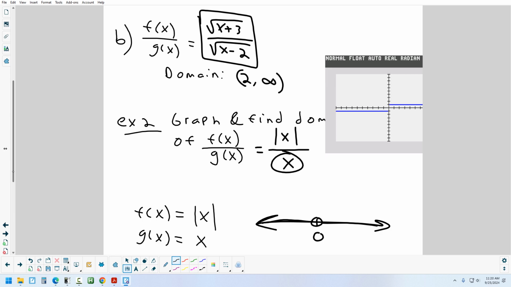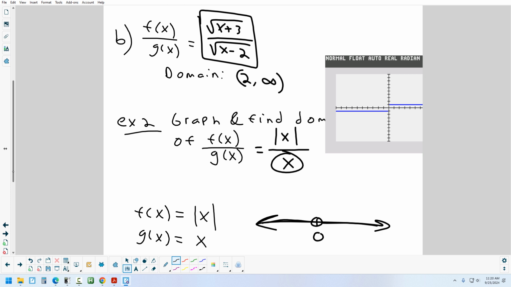Yeah, -1 and 1. Right, because no matter what you plug in for x, like try plugging in 5 here. What's the absolute value of 5 divided by 5? 1. Any positive number that you plug in for x always comes out to 1. Try 7. Absolute value of 7 is 7, divided by 7 is 1. Now try a negative number.